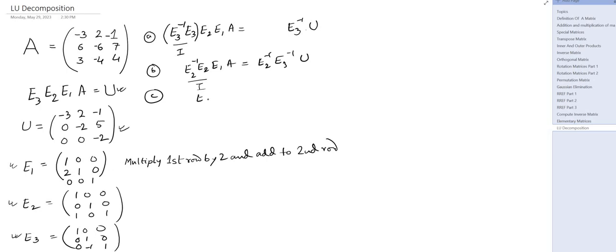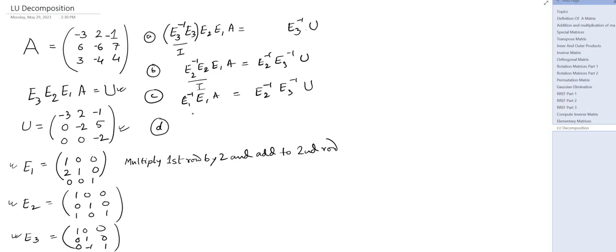Similarly, we then multiply by E1 inverse.